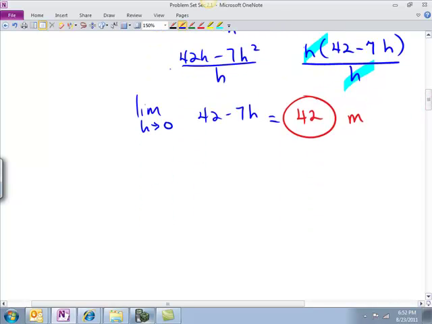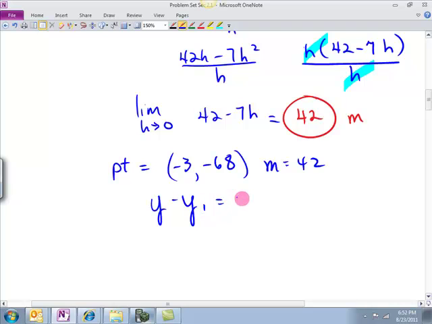All right, so we've got an m of 42. What was our point? Okay, so we've got that, and we've got m is 42. So we're going to write our equation of our line. y minus y1 equals m times x minus x1.